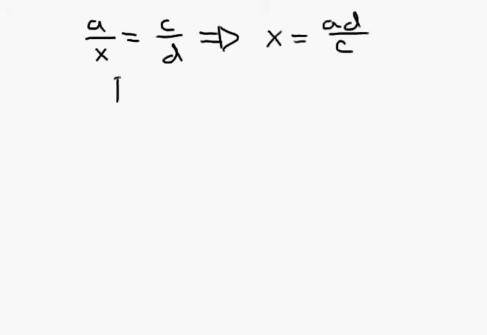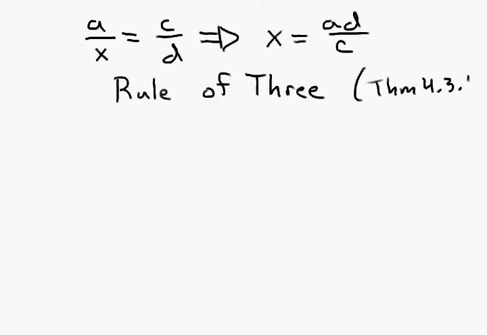A divided by x is equal to C divided by D implies that x is equal to AD divided by C. Again, this is the rule of 3, Theorem 4.3.4 in the textbook.